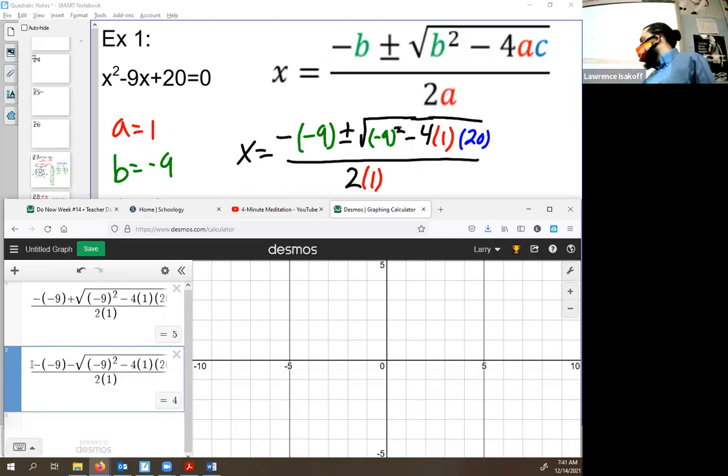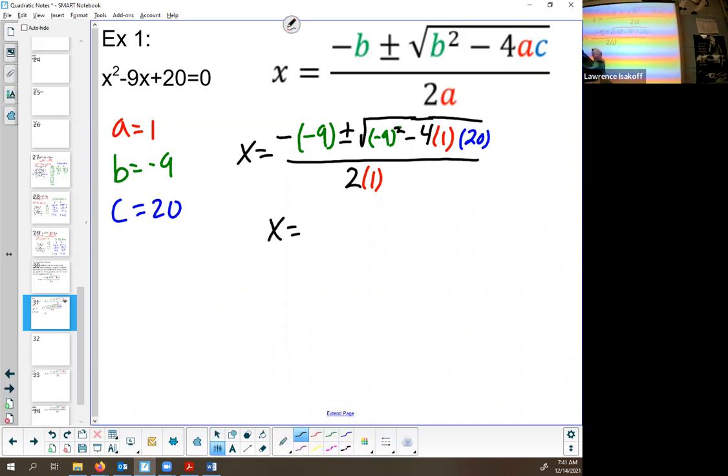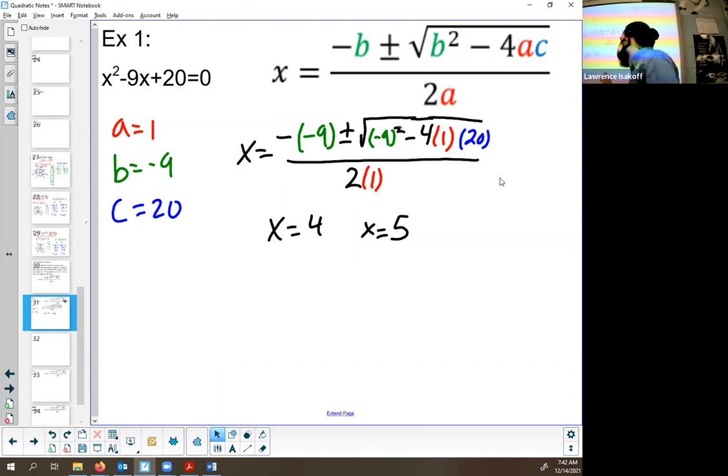So in doing this, I get 5 and 4. I'm just going to write it out here: x equals 4, x equals 5. And that's it. If we were to graph this, we would see a quadratic that crosses at 4 and 5.